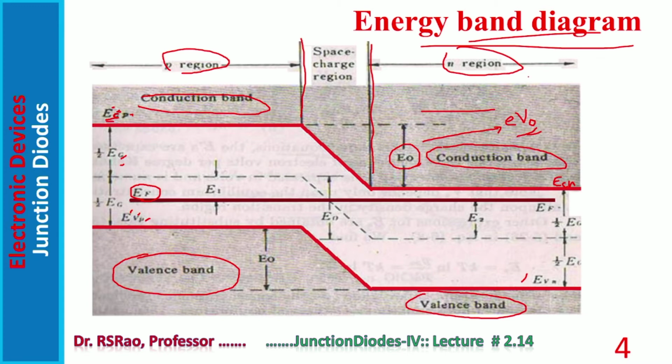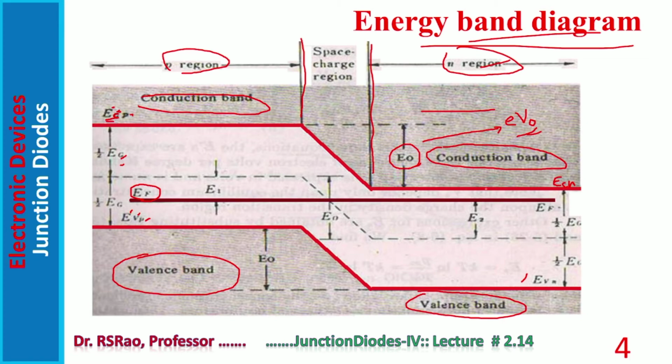Notice in the diagram, the band gap is at a higher level on the P side when compared to the N side, or on the N side, the band gap is at a lower level when compared to the P side. EF is near to EVP on the P side, and it is near to ECN on the N side.